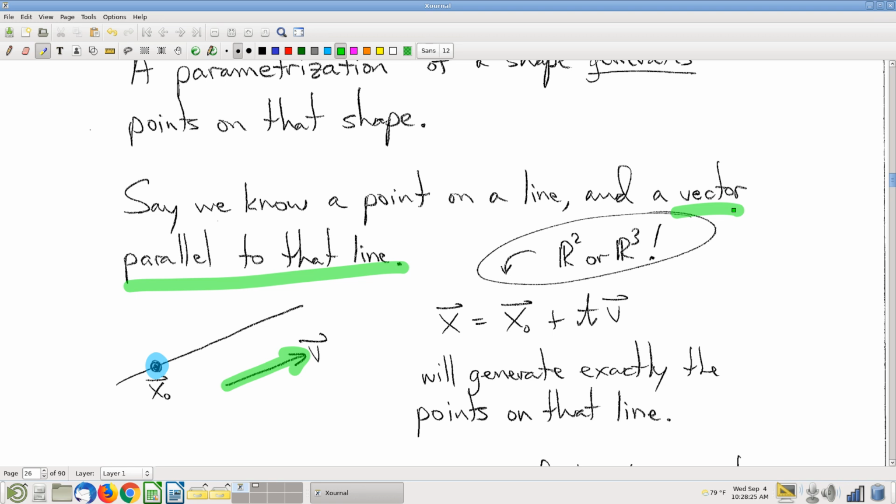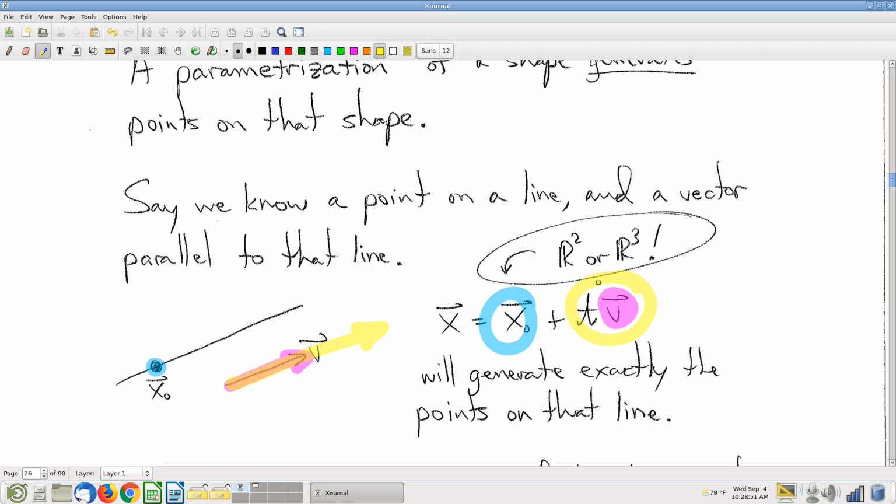And simple appeal. If I start with a point on the line, and then if I take that vector, v, and if I multiply it by some scalar to give me tv, right, that vector tv is still parallel to the line.